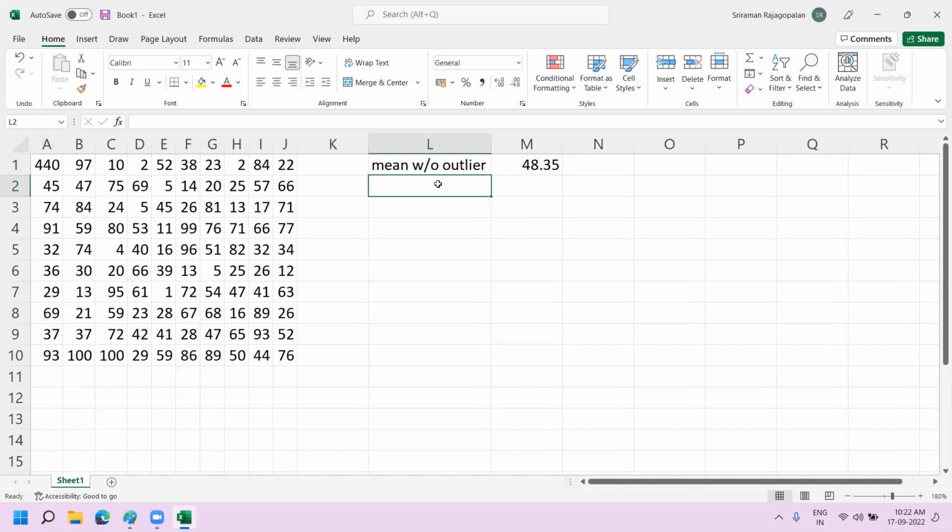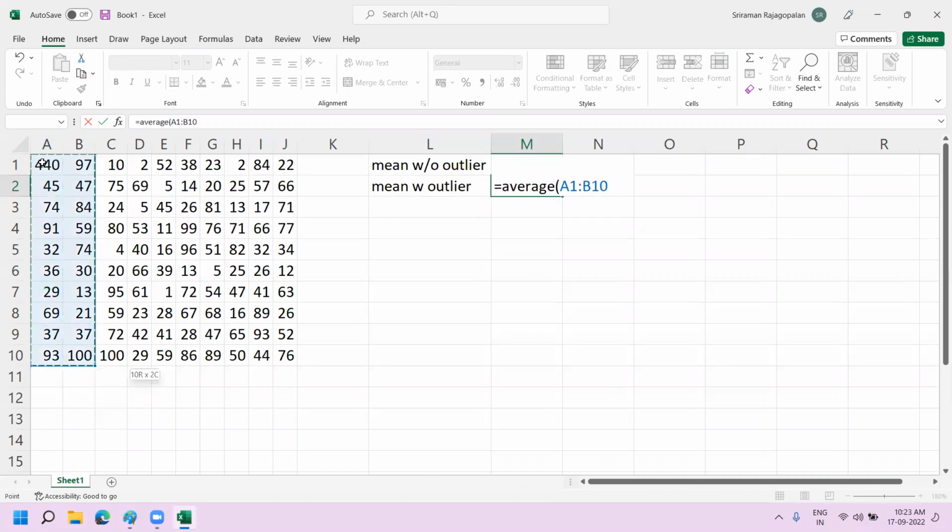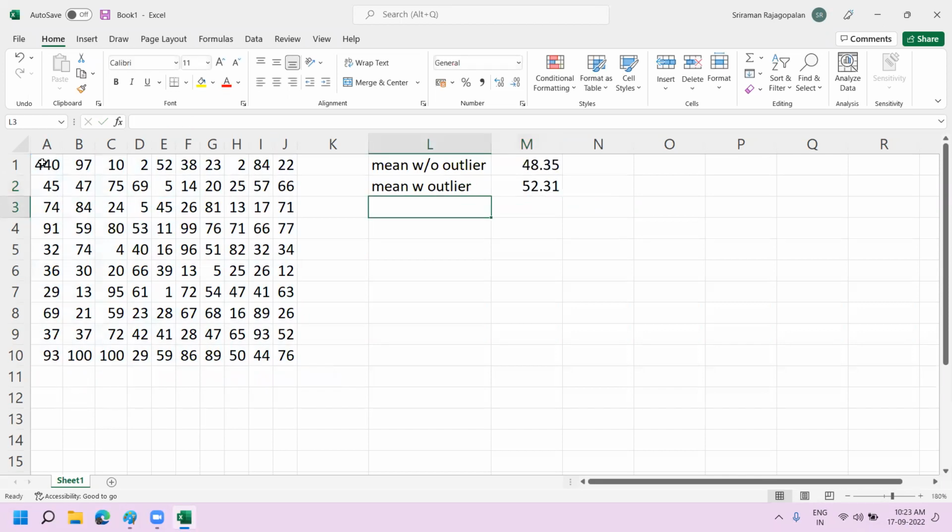Okay. Now I'm going to calculate mean with outlier. So the formula is the same, AVERAGE. So now you can see the difference between the two values.